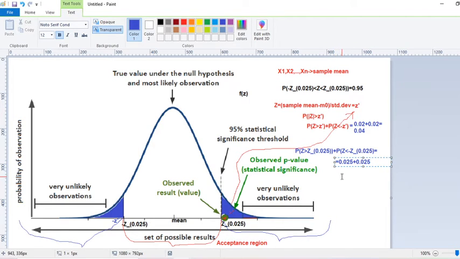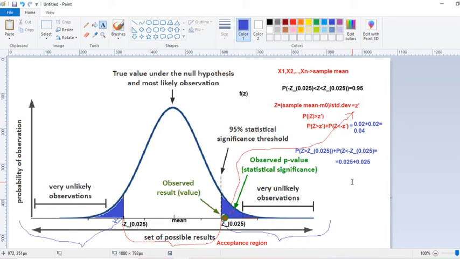Right. So these are the probabilities we have added together. So we obtained two probabilities.